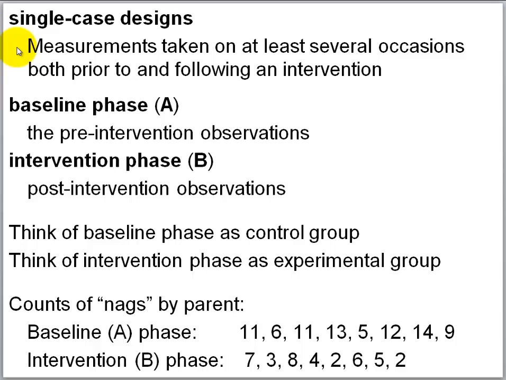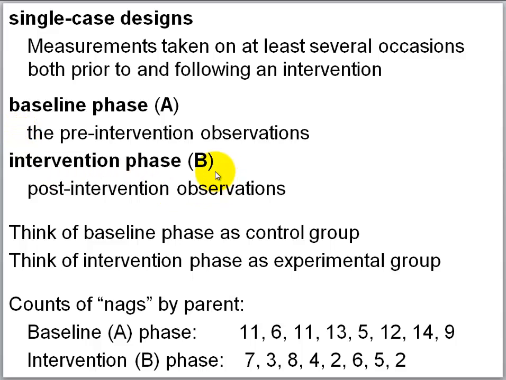In a single case design, measurements are taken on at least several occasions, both prior to and following an intervention. We're only going to talk about one of the simplest single case designs, and that is the AB design. So the A phase of the AB design is the baseline phase, and the baseline phase consists of the pre-intervention observations.